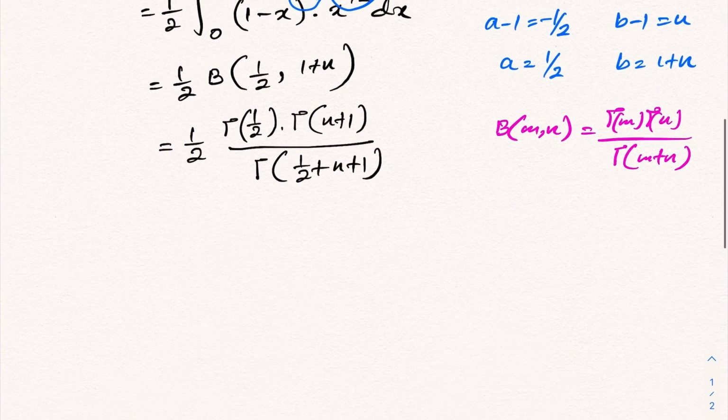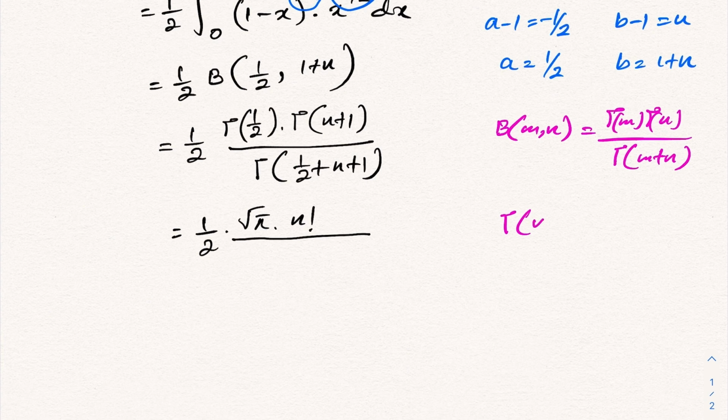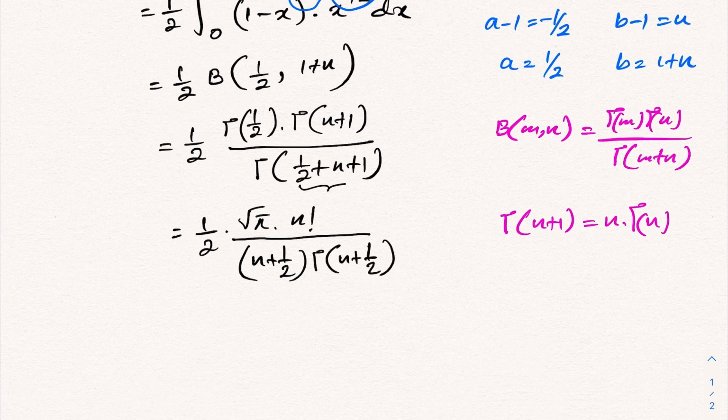Okay, then 1/2 Gamma(1/2) we know is the square root of pi, and Gamma(n + 1) we know is n factorial. In the denominator we have Gamma(1/2 + n + 1). We know Gamma(n + 1) is equal to n times Gamma(n), so here we have Gamma(1 + n + 1/2), so we can write (n + 1/2) times Gamma(n + 1/2).